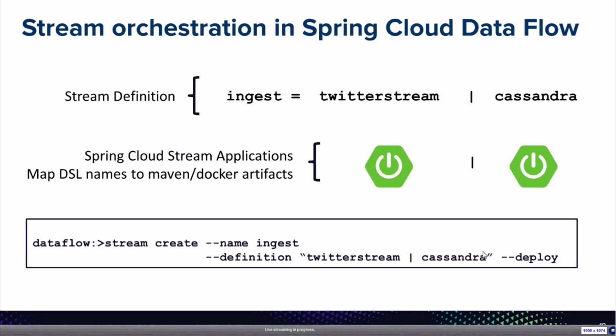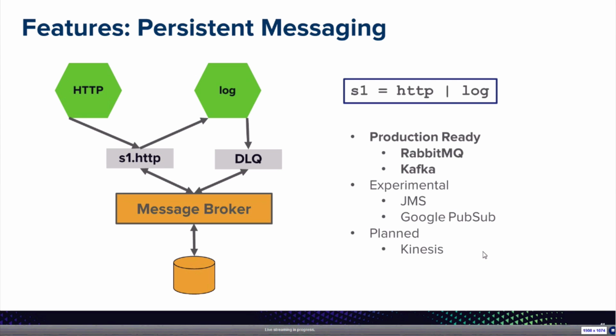We mentioned that the model is based on pub/sub semantics with persistent messaging. This is where the various binder implementations provide this functionality for you. If you're using Kafka, then the HTTP source in this example would be sending to a Kafka topic, which is named after the stream name and the module that's emitting those messages.